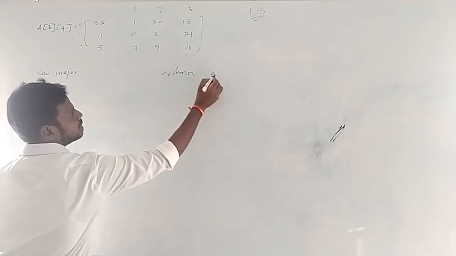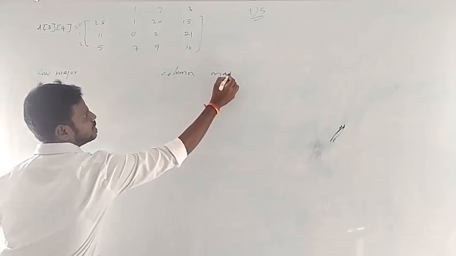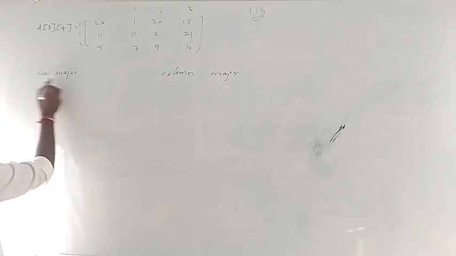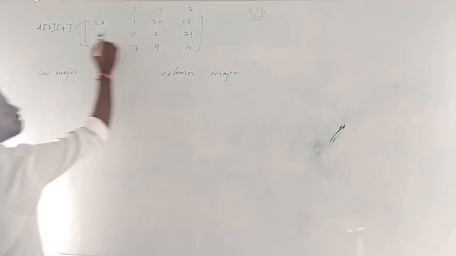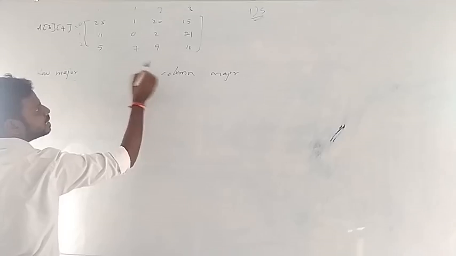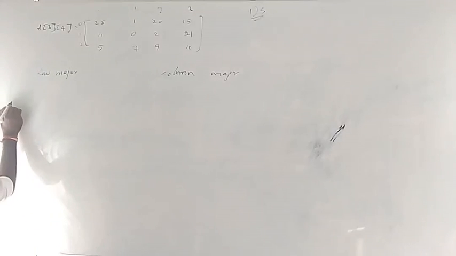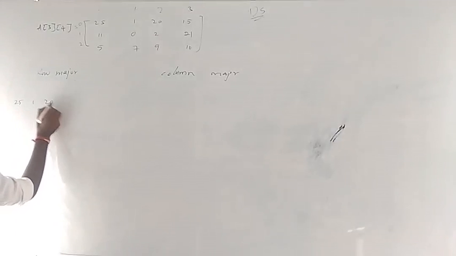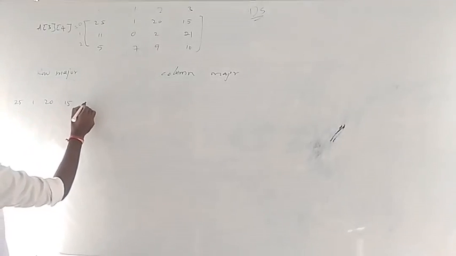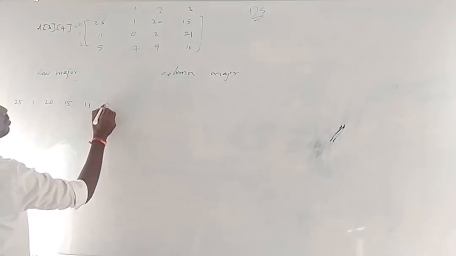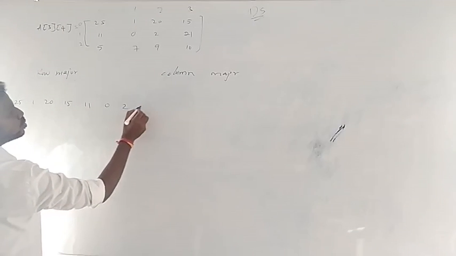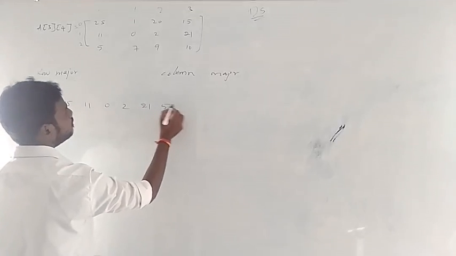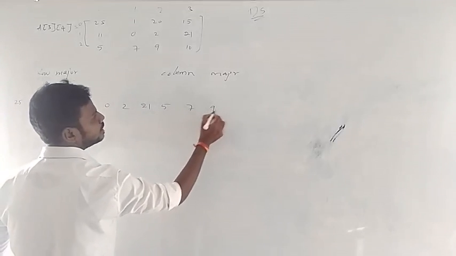See, in both cases how we are going to store the elements. In the row major case, we store the first row first, then the second row and then the third row. The first row contains 25, 1, 20, 15, then 11, 0, 2, 21, and then 5, 7, 9, 10.